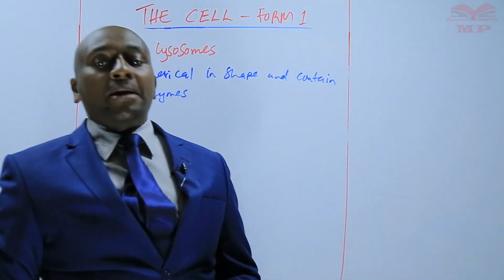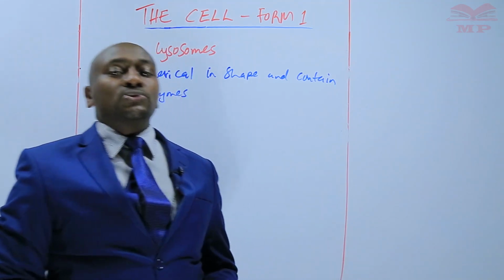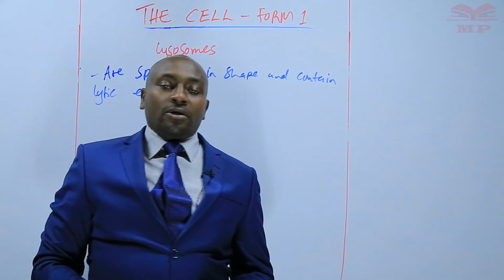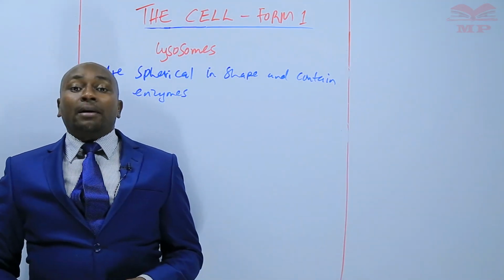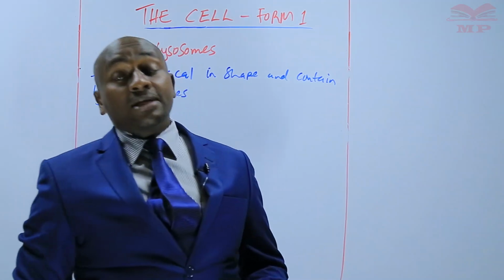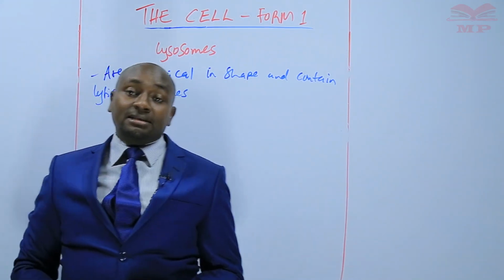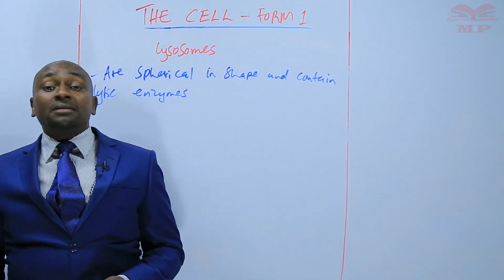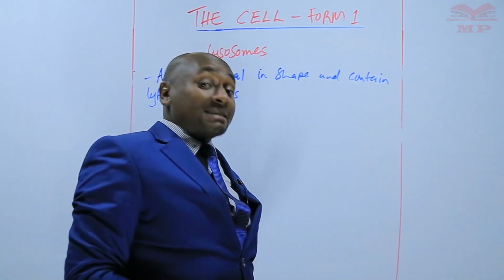Lysis means breaking down. So lysosomes produce enzymes that break down, for example, food materials, worn out cell organelles, bacteria and other microorganisms, and sometimes these enzymes can even break down the entire cell.